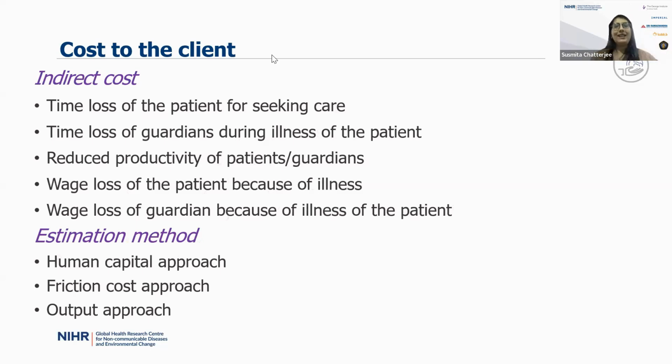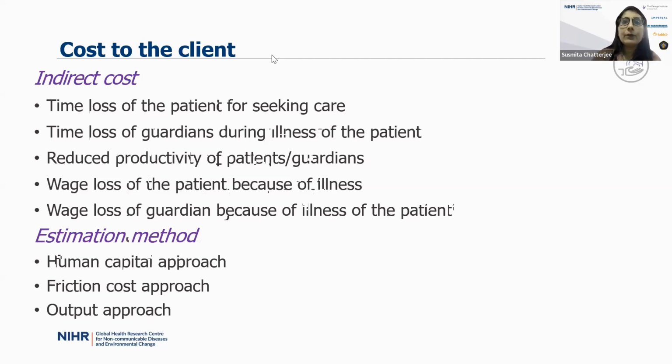So in your calculation, the patient cost generally comes in as cost savings, because your intervention may reduce the number of cases, which means there will be a whole lot of cost which can be saved if you do this intervention. So that's where it can come. But as I said, it can be a standalone cost of illness study.